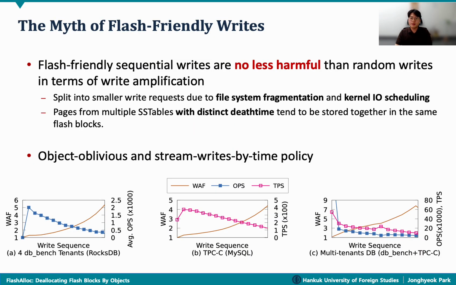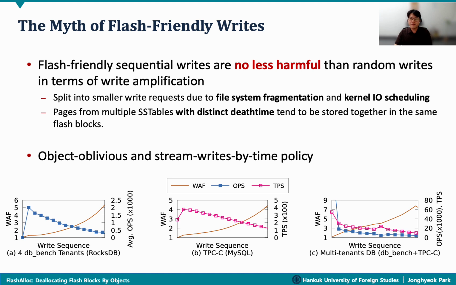With this problem in mind, we also observed that data stores with a flash-friendly write pattern might not align with our common belief and can actually experience write amplification. These are our motivating experiment results about write amplification in flash-friendly data stores, especially for RocksDB tenants with pre-random workloads, which suffered from high write amplification.